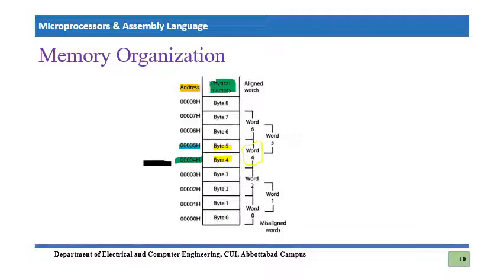So byte 4 and byte 5 combinedly known as word 4, and it is going to go towards aligned words because it is even address boundary. I hope I have cleared the complete concept of even address and odd address boundary.